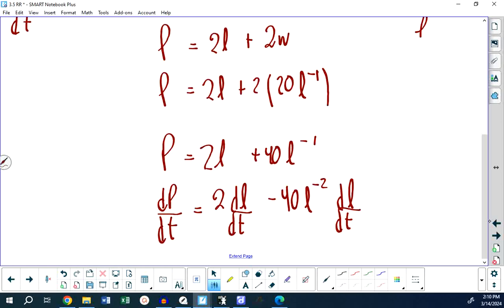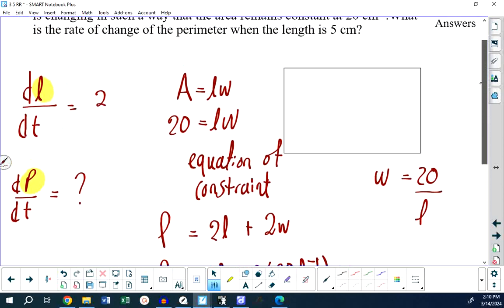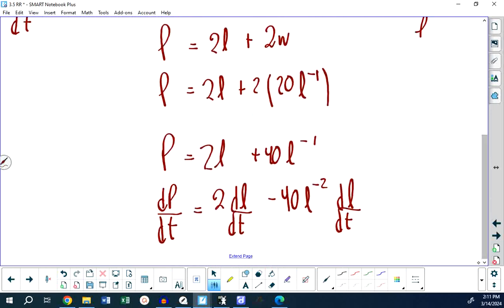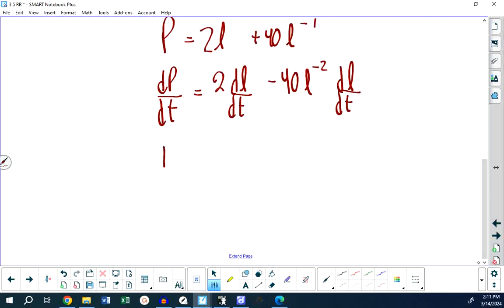And I think it's the case now that we can just go ahead and put everything in. We might have a little bit of legwork to do, and it turns out we don't. We're told L. So L is 5, dl/dt is 2. So dp/dt at that instant in time is 2 times 2 minus 40 over 2 squared.